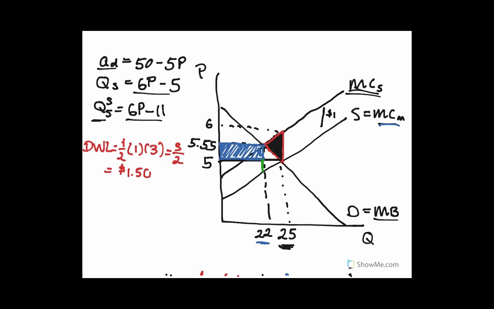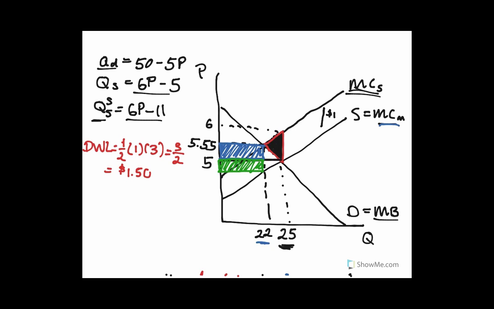They used to get 5, now they get some lower price here, which we'll calculate. They get to charge that for each unit, which obviously hurts the firms, and so they pay this bottom portion of the tax here. So we can find out what those are really quickly.